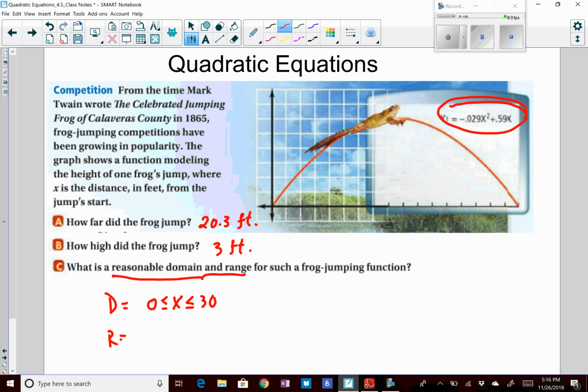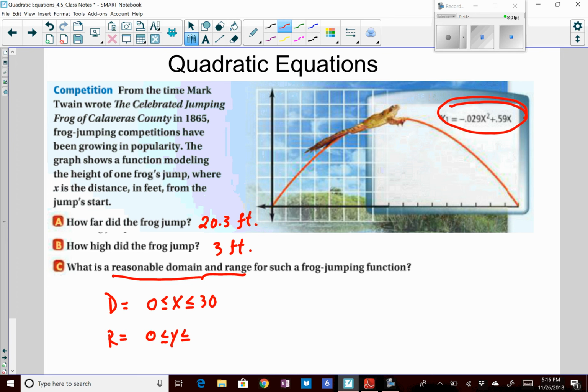For the range, we're looking at y. And again, we know he's going to jump some distance, so greater than or equal to 0. But it's not going to jump an infinite distance.